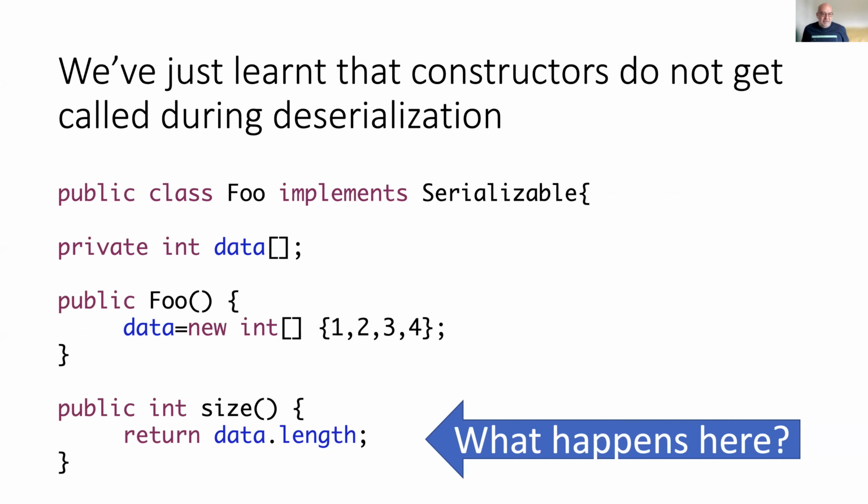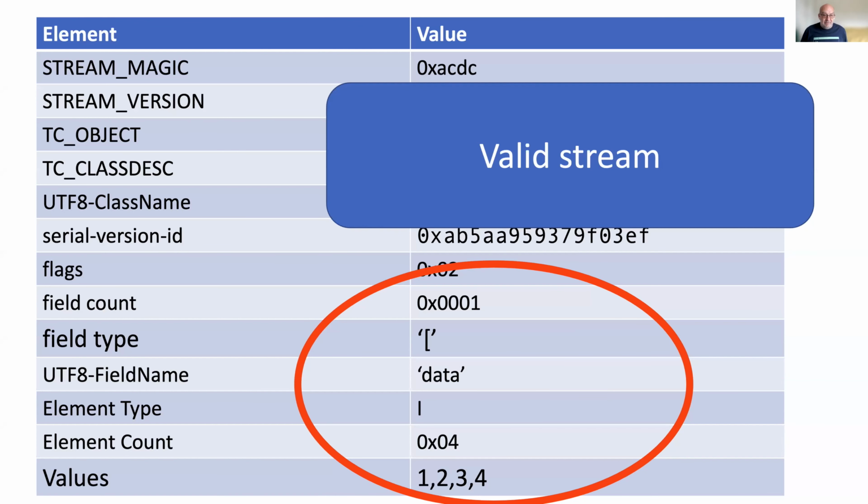So here's another way of thinking about it, so you can get this in your head. I have another class that implements Serializable, has an array as a field, has a constructor that populates that field, and there's a method that returns the size. If I take this object and I serialize it, I get a nice big table, and as you can see at the bottom there, 1, 2, 3, 4.